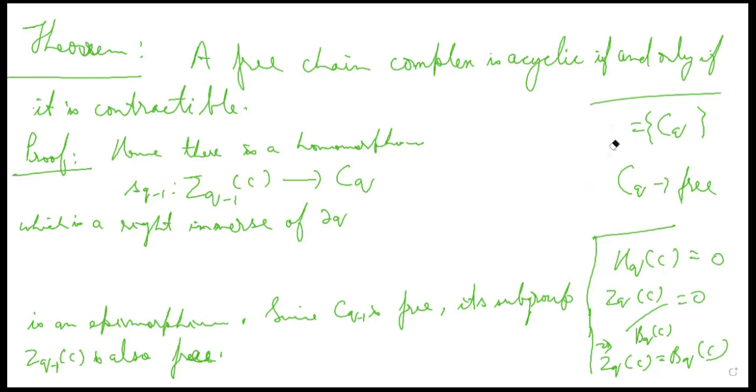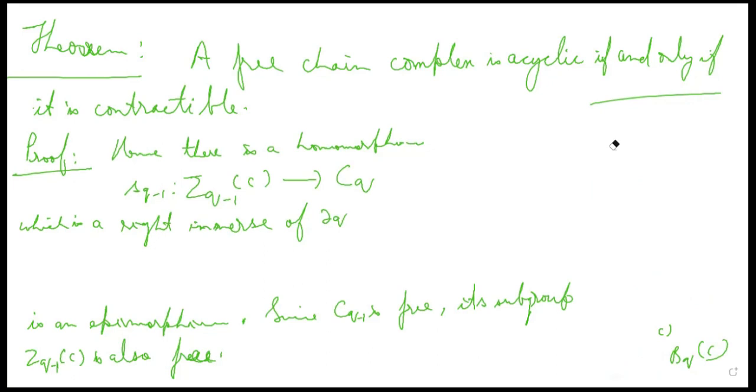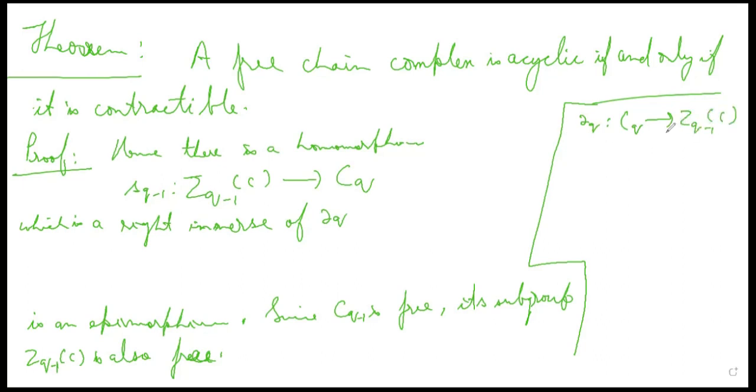So how it is, we just see here. You can just see here that because this ∂_q from C_q to Z_{q-1}(C), this is surjective.